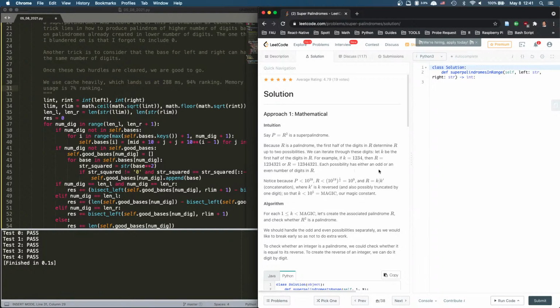Each possibility has either an odd or an even number of digits in R. Notice that because R is smaller than 10 to the 9th, and R equals K concatenated with K reversed and also possibly truncated by 1 digit, K is smaller than 10 to the 5th, our magic constant. R is going to be 10 to the 9th. R equals K, and then K prime concatenated. Yes, 10 to the 5th.